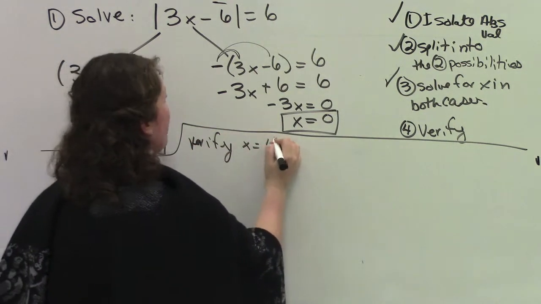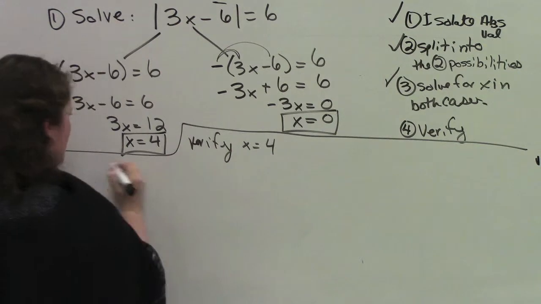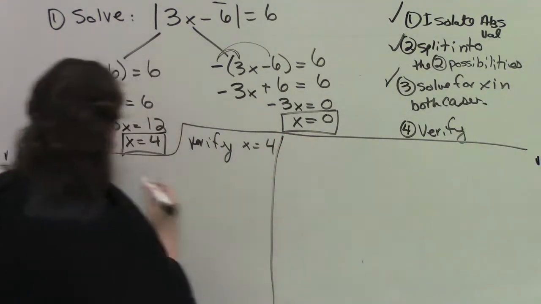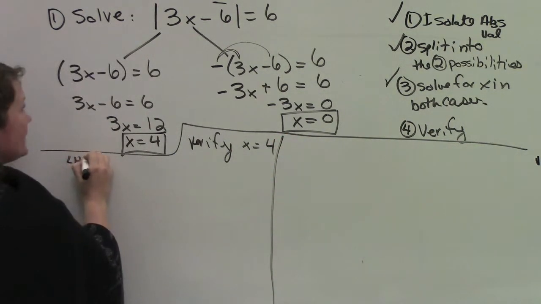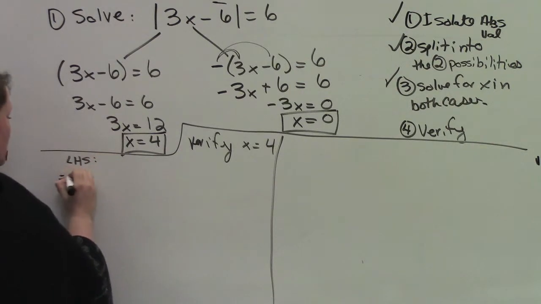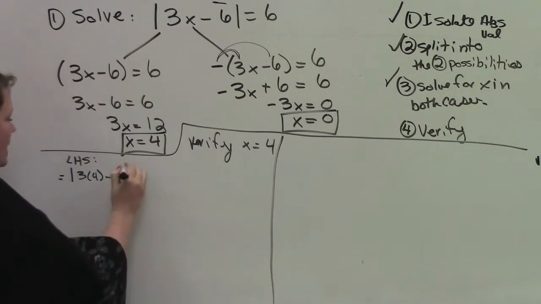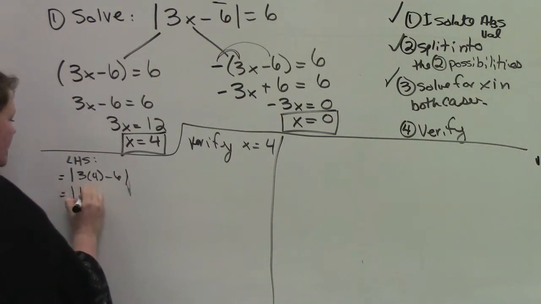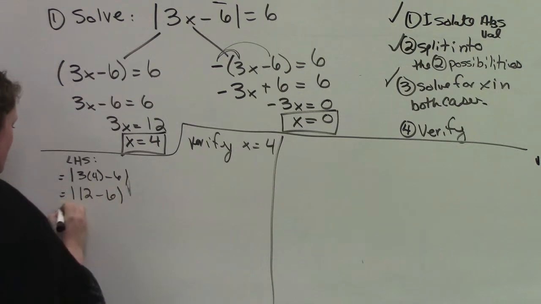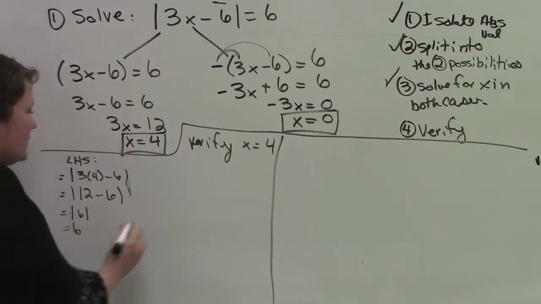X equals 4. So left-hand side equals the absolute value of 3 times 4 minus 6, which is the absolute value of 12 minus 6, which is the absolute value of 6, which is just 6.